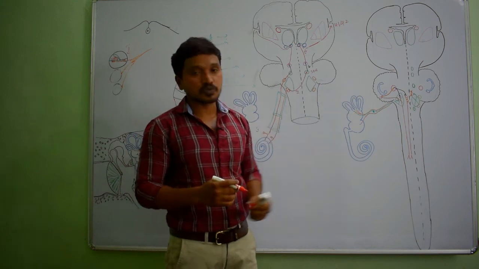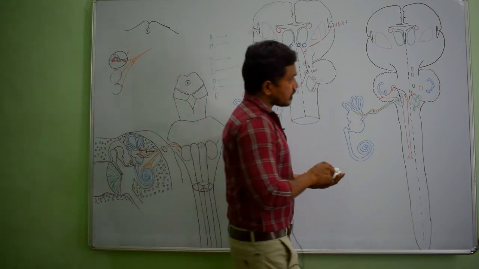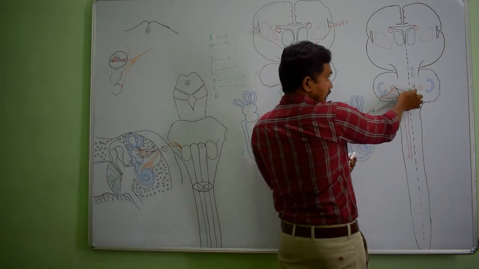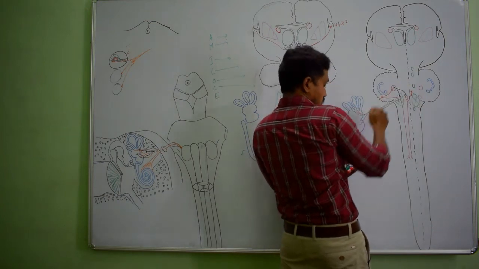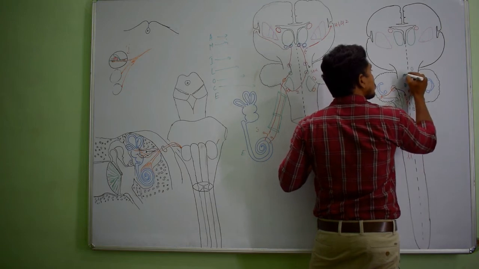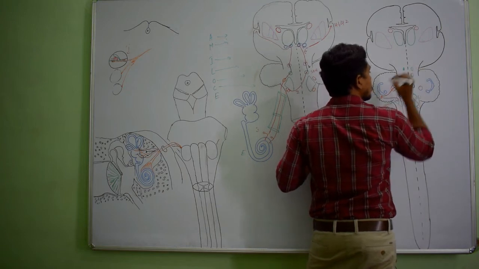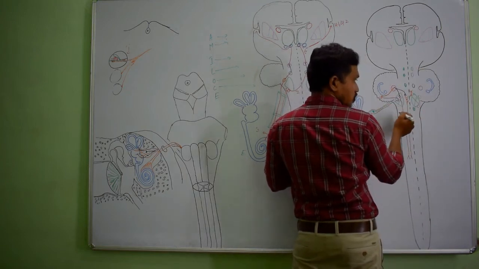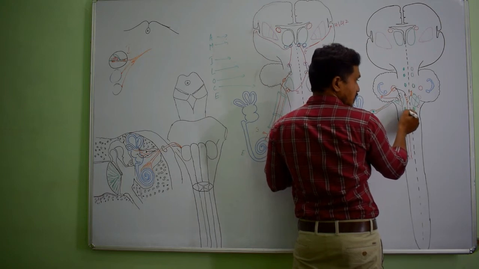Not only these two, there is one more important one. See here, I have drawn 3 green color structures. These are the 6th cranial nerve nucleus, 4th cranial nerve nucleus, 3rd cranial nerve nucleus, and here I have drawn one more. This is the 11th cranial nerve nucleus.